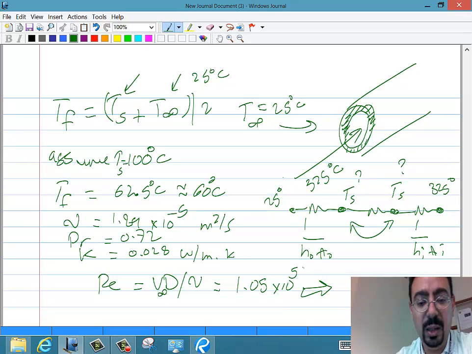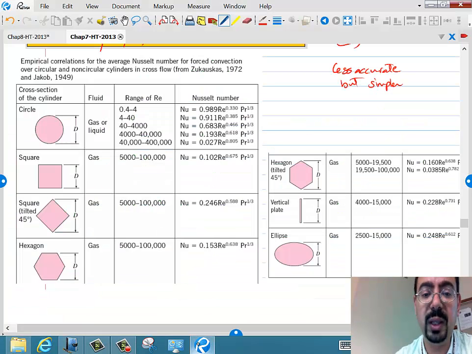And from this, it's almost 100,000. We go to our table and say for Reynolds 100,000, which line should I use then? Yeah, this one. This is between 40,000 and 400,000.